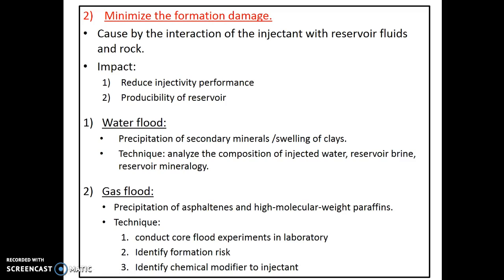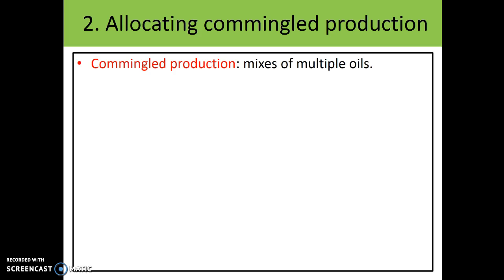So the technique to overcome this in the field is by conducting core flood experiments in the laboratory, identifying the formation of organic precipitate, and by identifying a chemical modifier for the injectant to prevent the formation of organic precipitate by increasing the solubility of asphaltene and high molecular weight paraffin in the oil and gas solution.